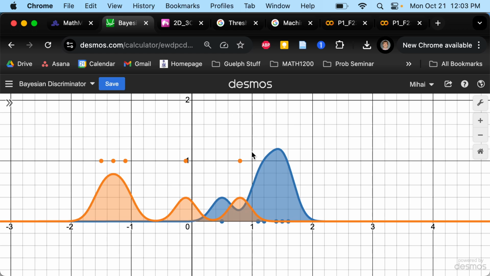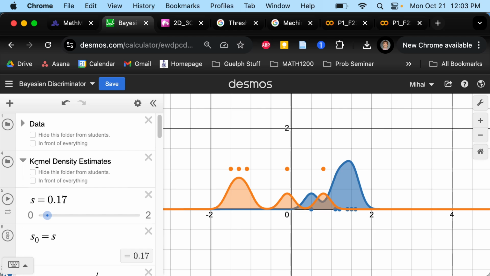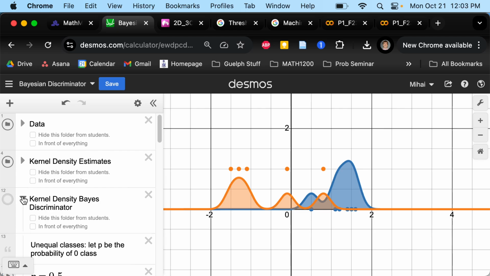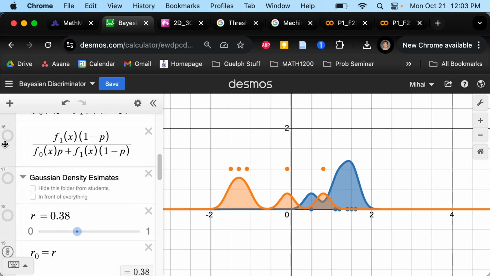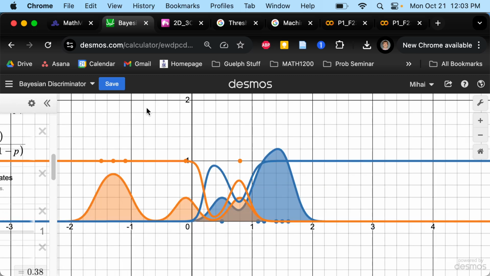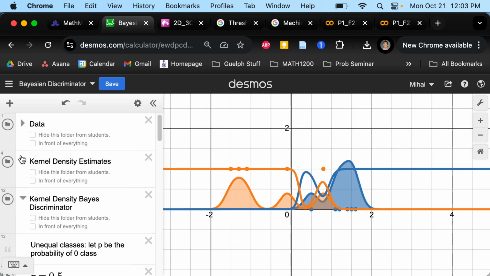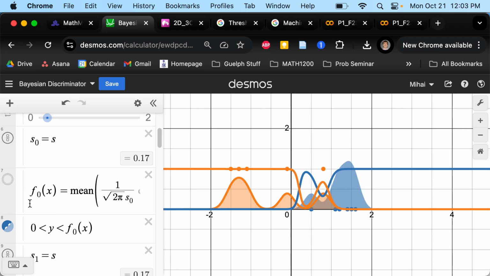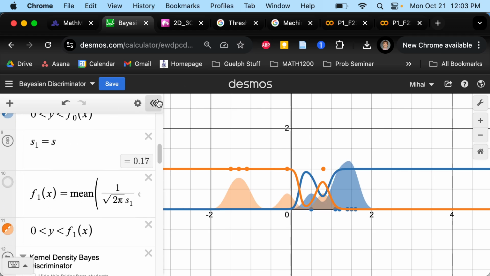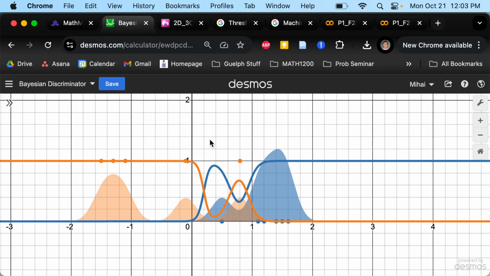But once you have estimated that, you can turn it into a classifier by applying Bayes' theorem. And what you will get is this. Okay, let me turn off the other lines so that we can see them more clearly. So now the orange line tells you, given an x value, what's the probability it's the orange class?